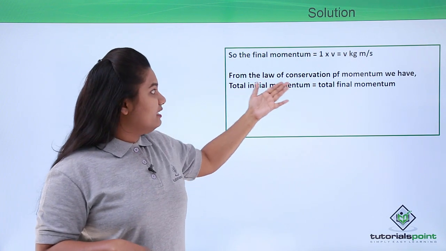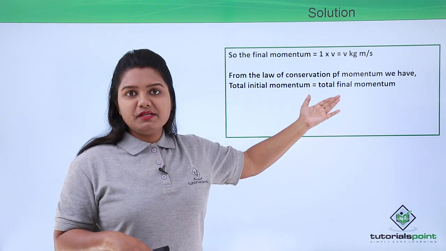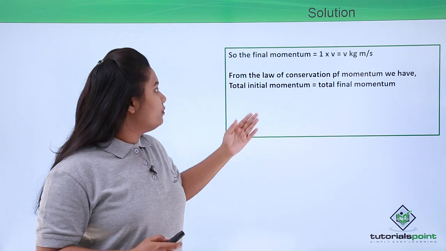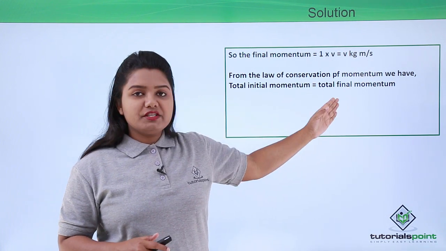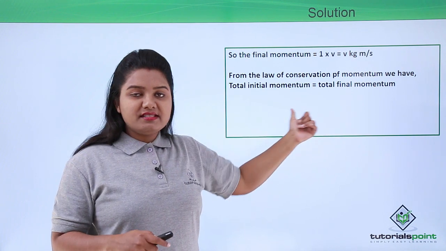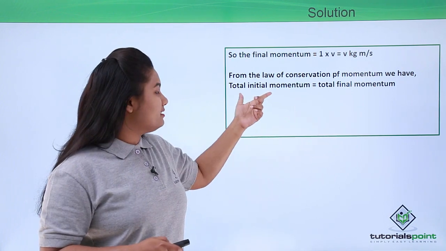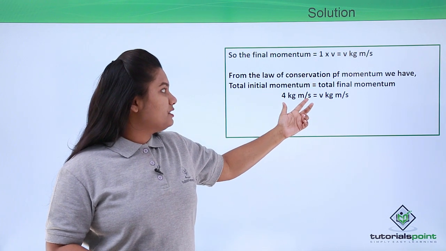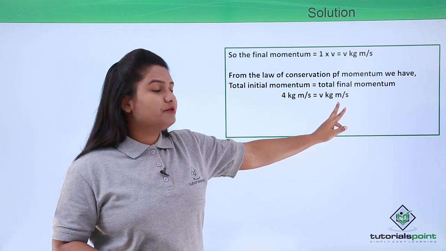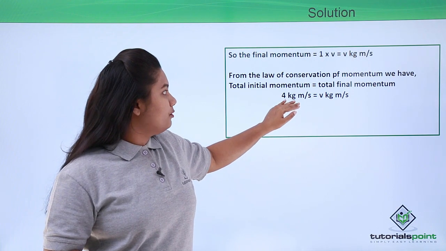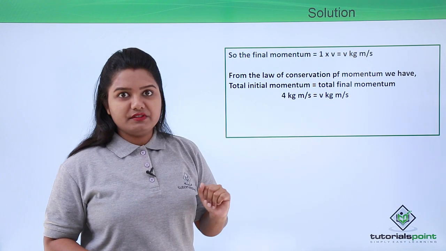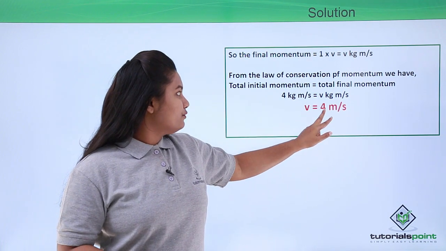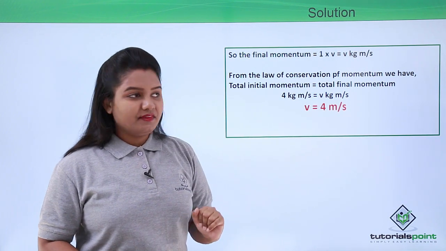We have already found out the initial momentum and the final momentum of the system, so let us equate them both. Here we have 4 kg meters per second equals v kg meters per second. This was the initial momentum and this was the final momentum of the system. So we can easily figure out that v must be equal to 4 meters per second.